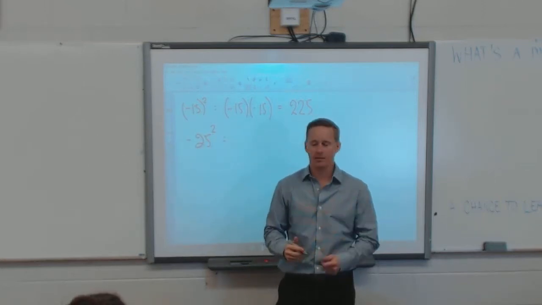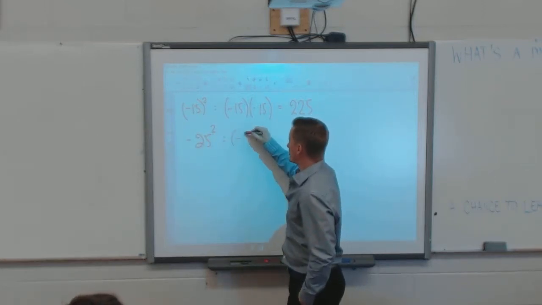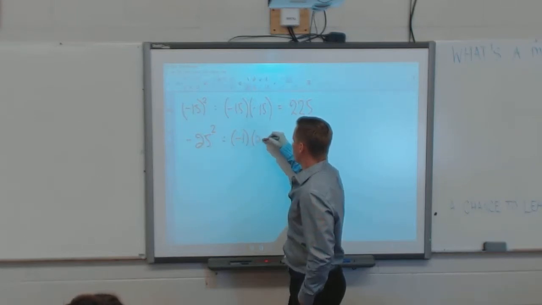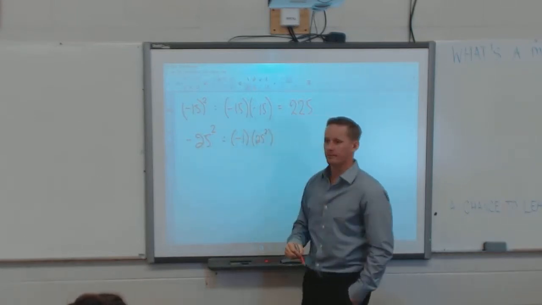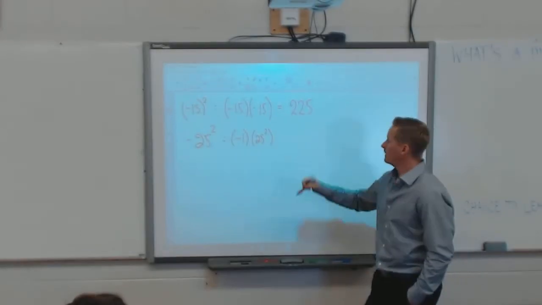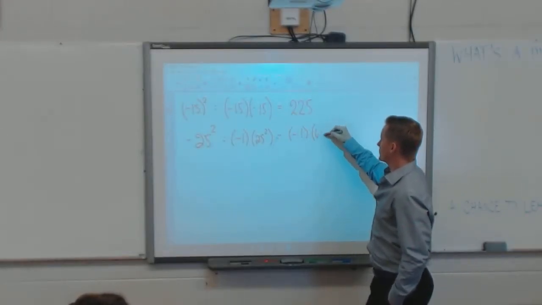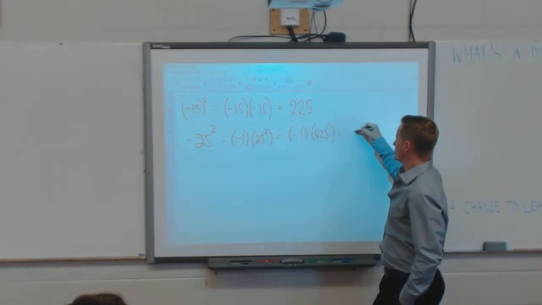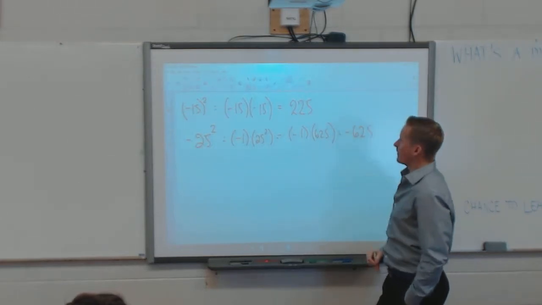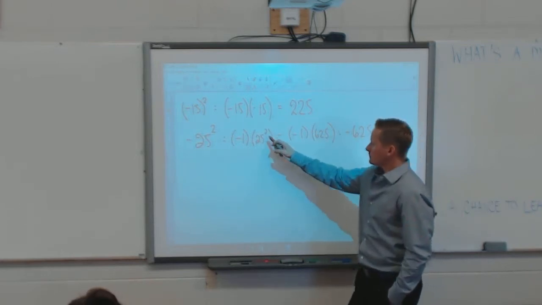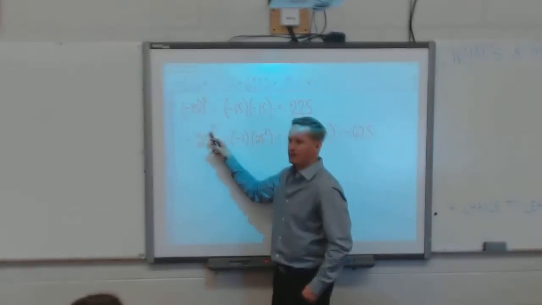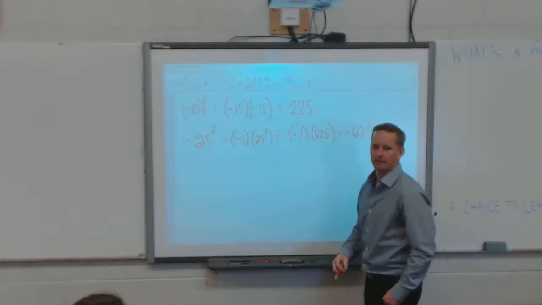But what I suggest you do is look at it like this. That's like saying minus 1 times 25 squared. Which means then I go minus 1 times 625, which is equal to minus 625. So I'm going to square this first and then times it by negative 1.